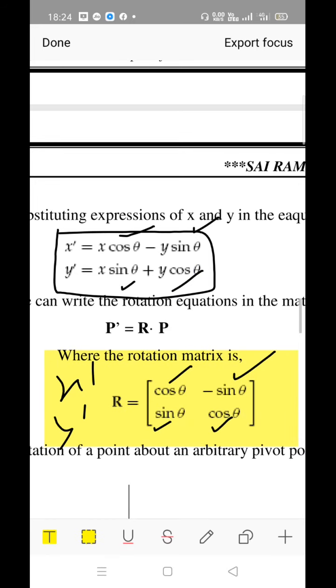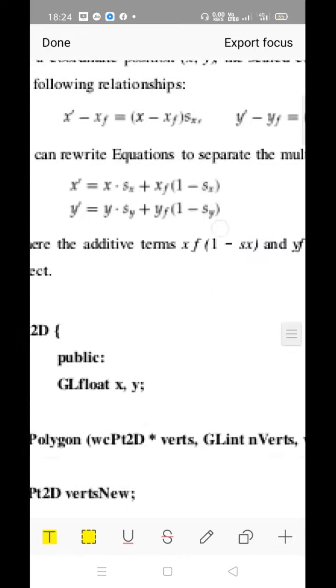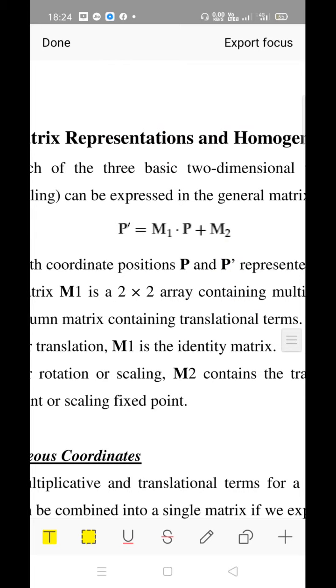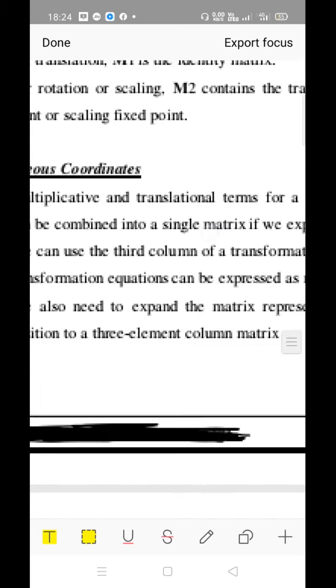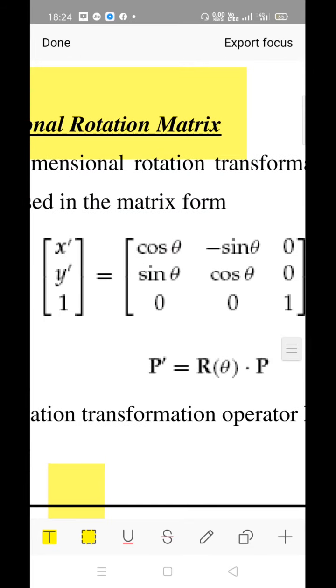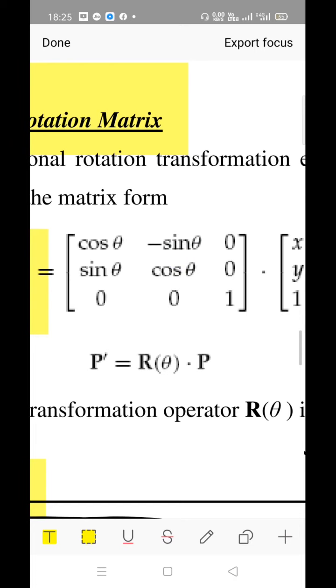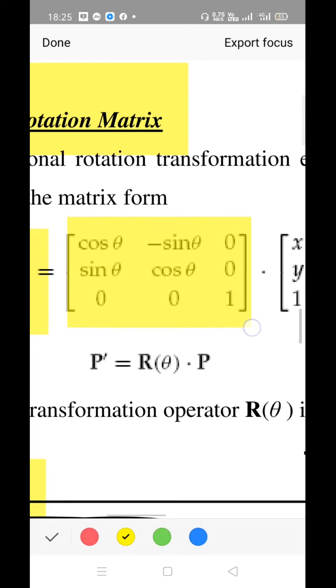If you know these things, then easily you can write the homogeneous coordinate values or matrices. See here, x dash, y dash and 1 is equal to, check here carefully, cos theta, minus sin theta, and the third parameter will be 0 because you are not adding any constant term. Please remember this, the third parameter refers to the constant term.